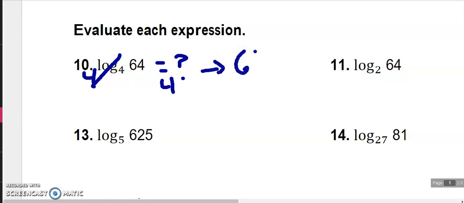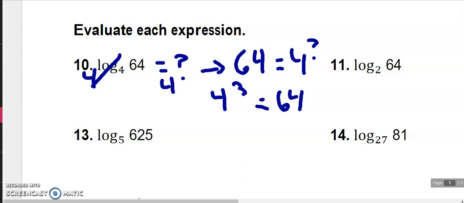So I'm really trying to figure out what exponent goes with 4 to make 64. Using a calculator, I can figure this out, and I might play with it a little bit, or if you just know your powers of 4, you might know that 4 cubed is 64. So the answer to this question is 3.